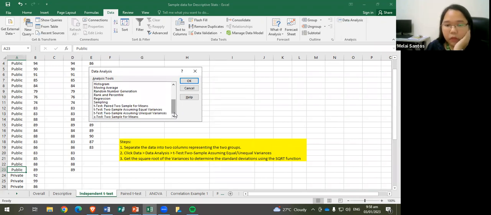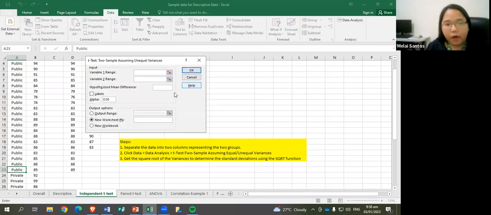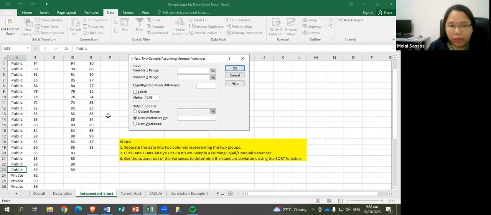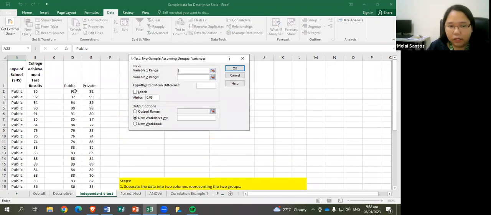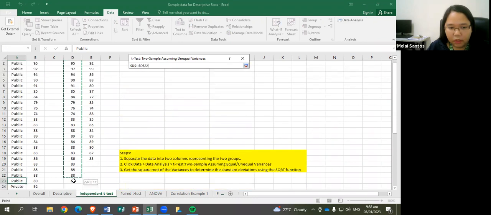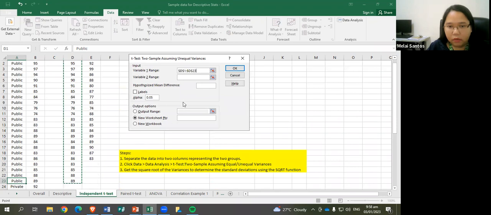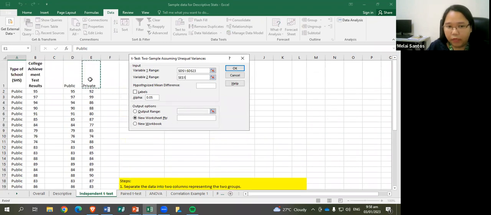Then click OK. Now, variable range 1, this will come out. Variable range 1, we have to input. Let's include the public, the name. Click until you get there. And then variable range 2, private.